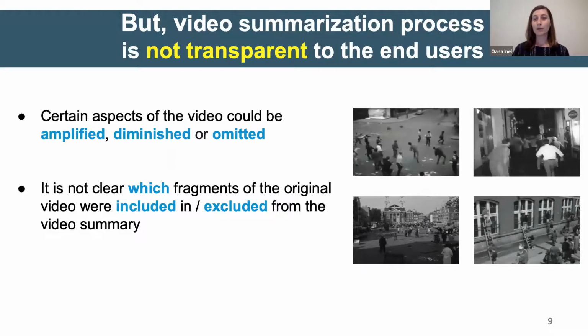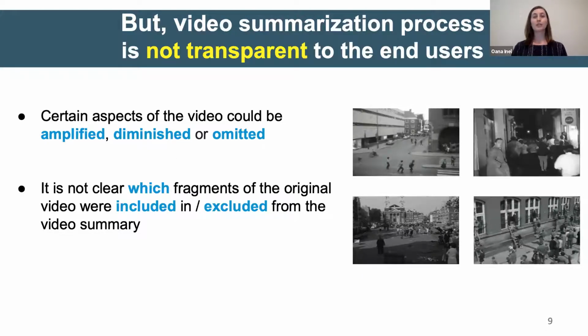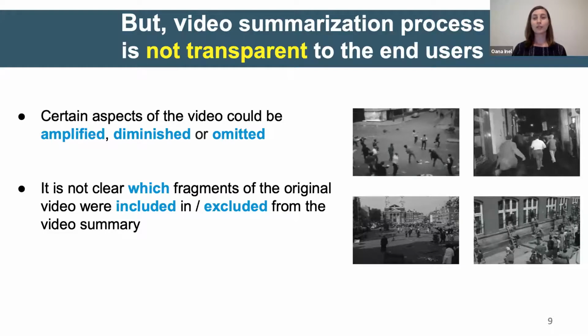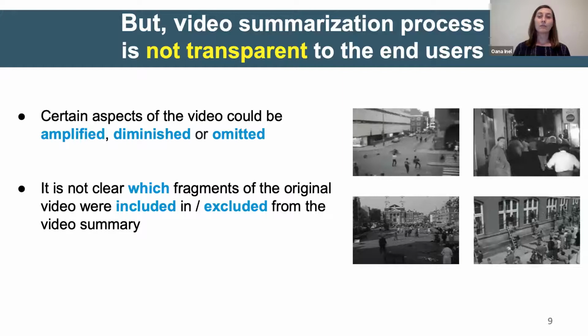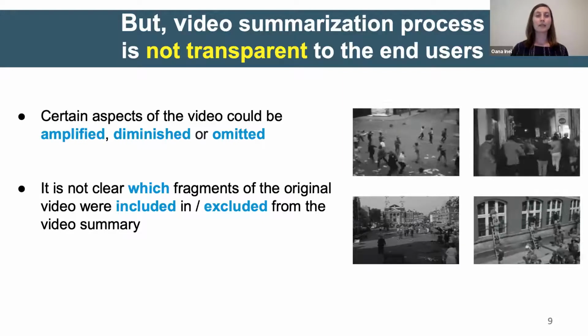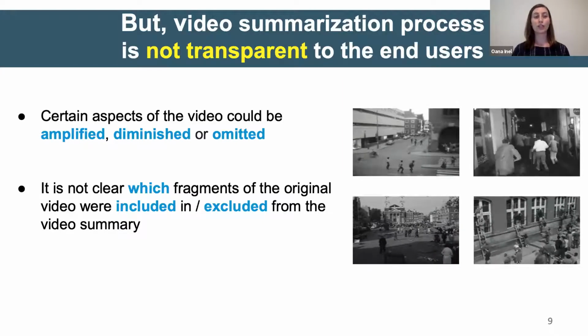This automated process to generate video summaries is prone to amplifying or diminishing certain aspects of the video, and might even omit meaningful information and lead to the misrepresentation of the original content.